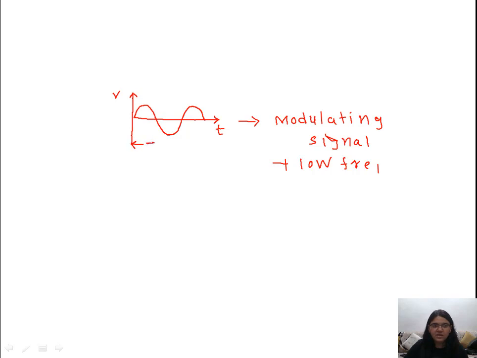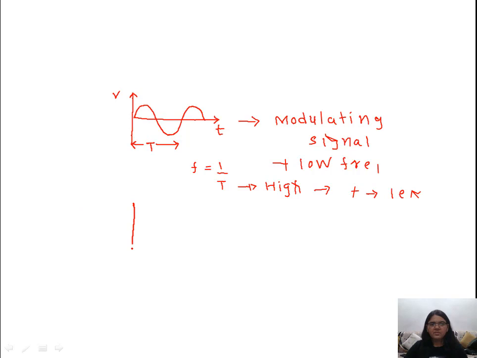One cycle duration is T, and F is equal to 1 upon T. So if the T value is high, then my frequency value is less. So you can say that it's a low frequency wave.